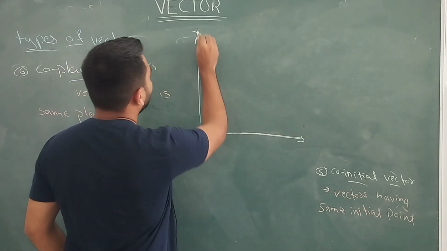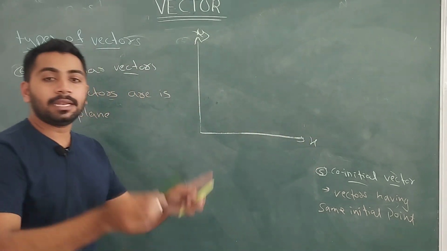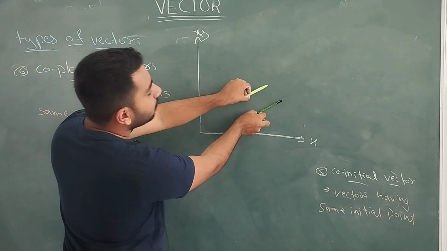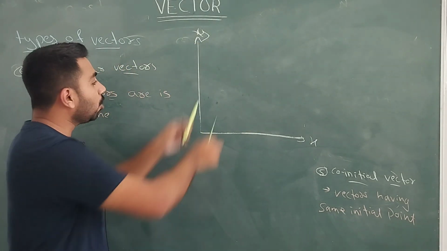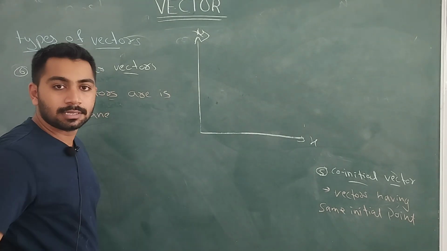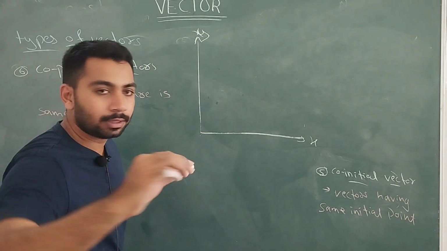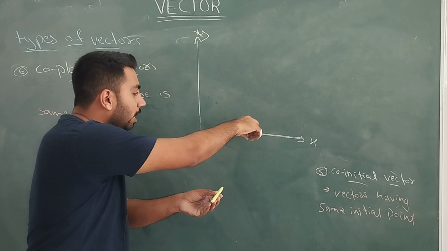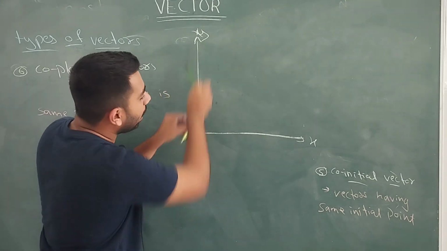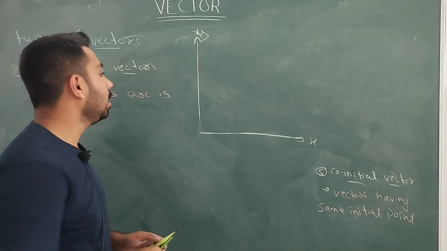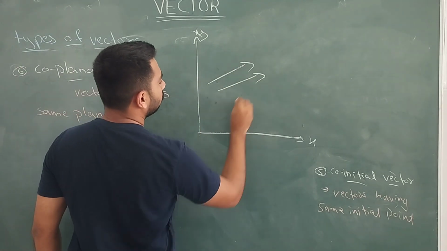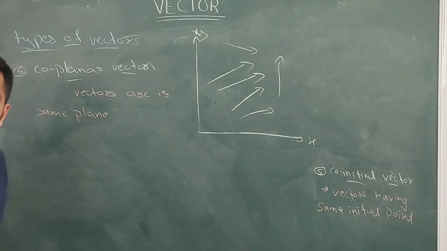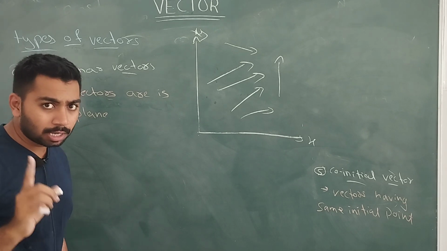I am taking two vectors, or maybe three, four, n number of vectors, keeping them in this plane. Not only this plane, let us take the z and x plane. If I keep two vectors here, they are coplanar to x and z, and similarly to x and y. Whichever the direction, we are not talking about that, but it must be in one plane. Okay, understood? Clear cut?